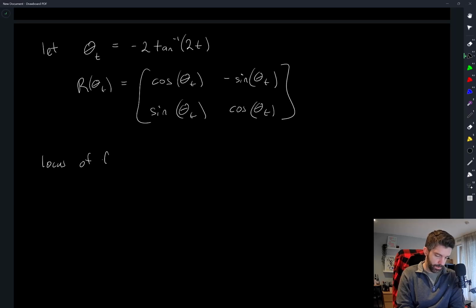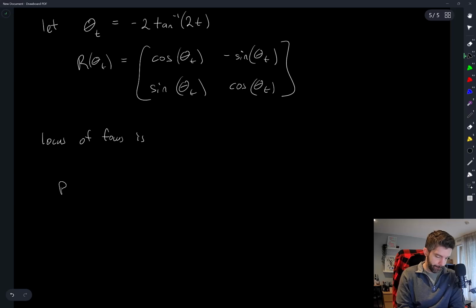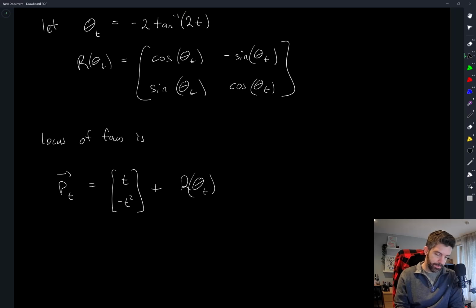Locus of focus is p of t equal to, what did I say? t, negative t squared, plus r of theta t, the matrix, multiplied by the vector negative t, 1 over 4 minus t squared.